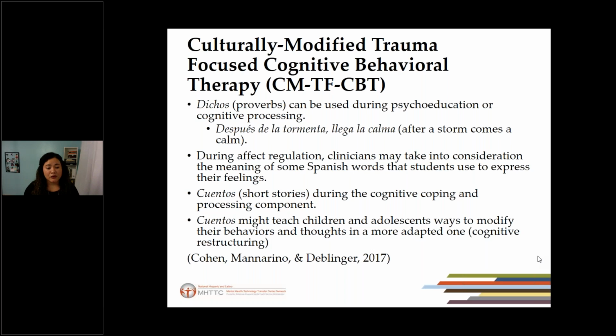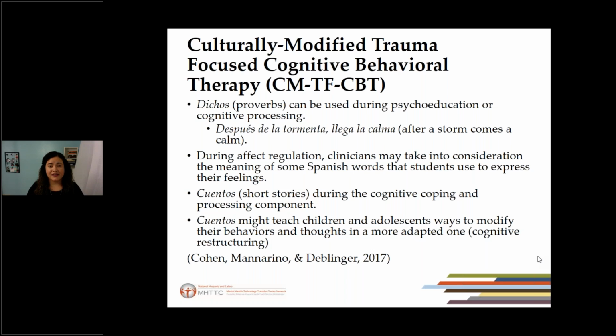During affect regulation, the clinician may take into consideration the meaning of some words that our clients use in Spanish to express suffering, or in the narrative when they are providing details related to their traumatic experience.